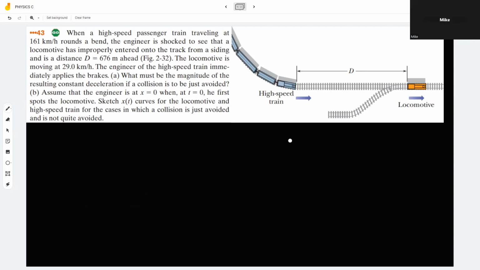What is the difference between a locomotive and a train? Is the locomotive just the single unit that powers the entire train? I think so, although I'm not sure about the terminology of trains, but that's what I remember.